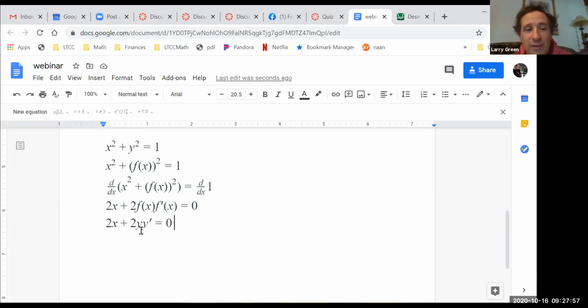But the good news is that's easy. We just have 2x plus 2y prime equals 0. Now this is basic algebra. I subtract 2x from both sides. Maybe I'll show you the algebra steps. 2y prime equals negative 2x. And then I just divide by 2y.